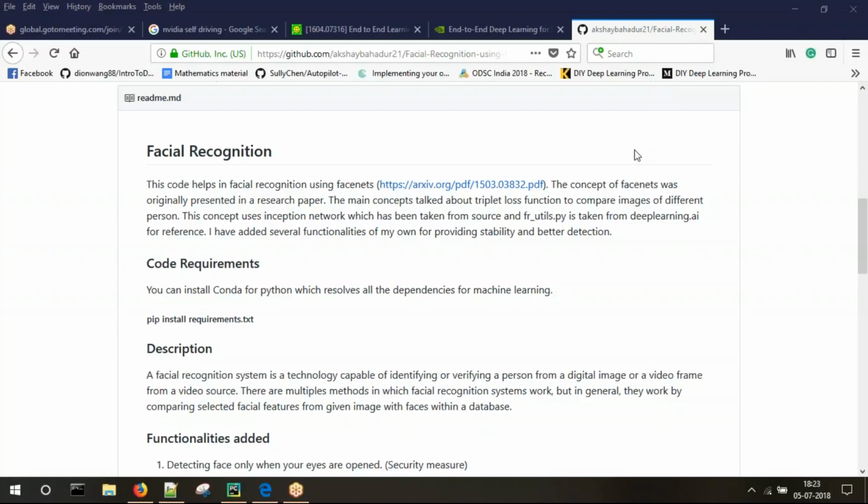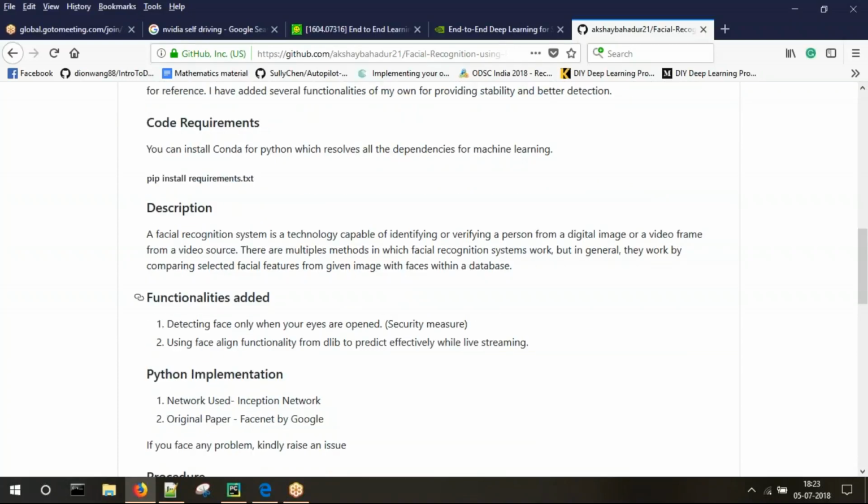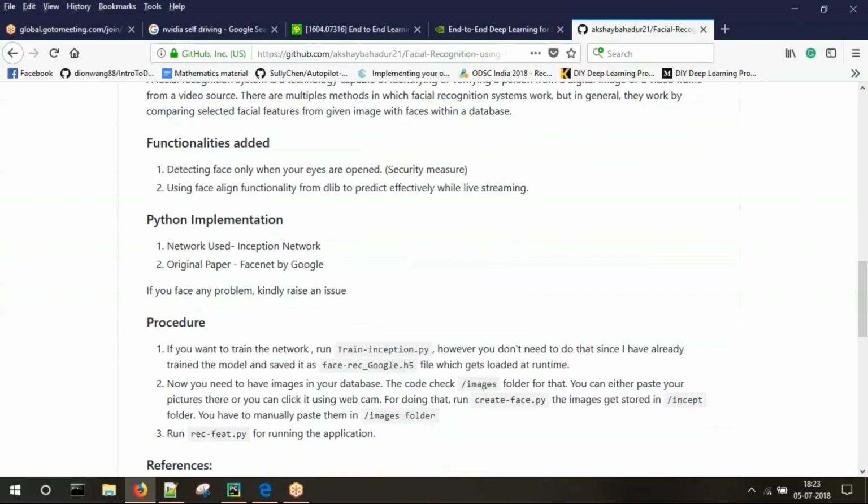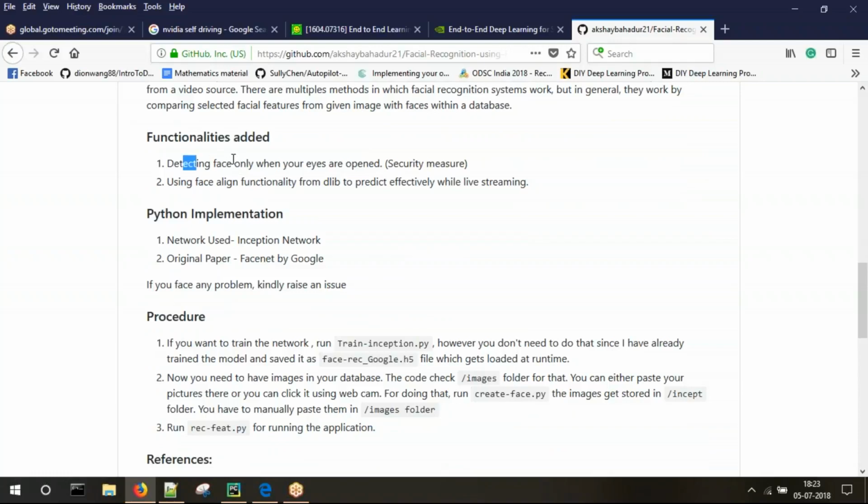So we are only detecting the face when the eyes are open, and if the eyes are not open, then we won't go ahead and recognize different faces.